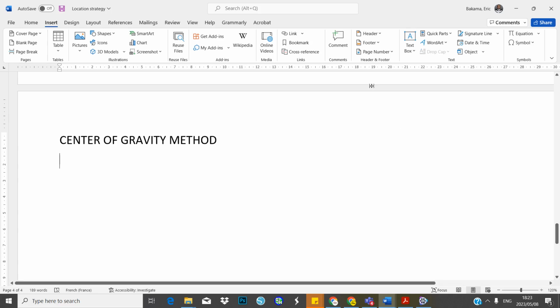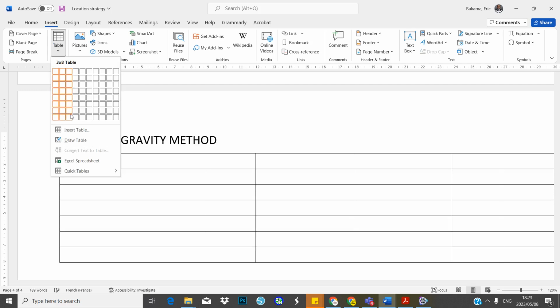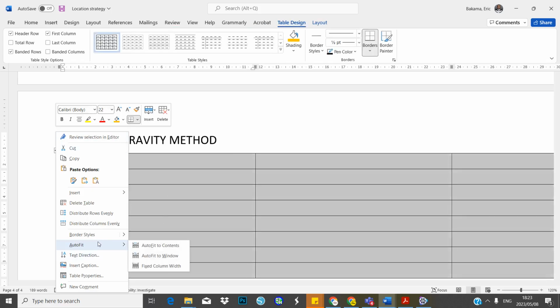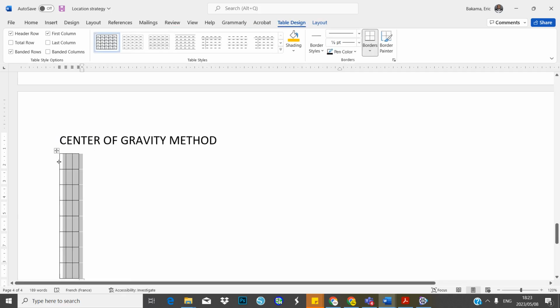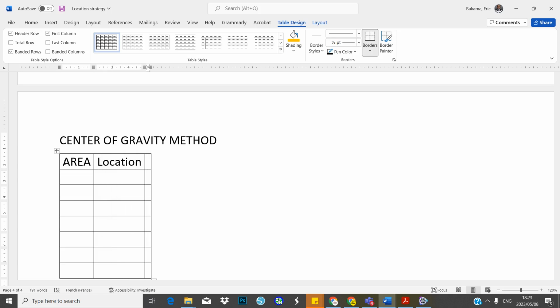The purpose is that we have the city, we have the location in terms of coordinate, and we also have the load. The load is the number of units that are being shipped from one place to another. So this one I'm going to call the area, then here I have the location, and after the location, I will have the load.